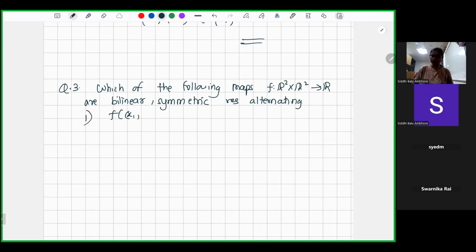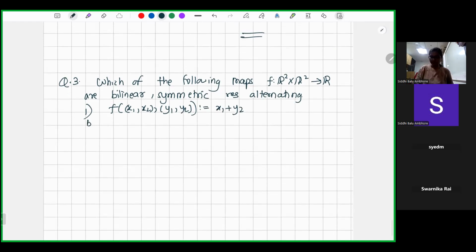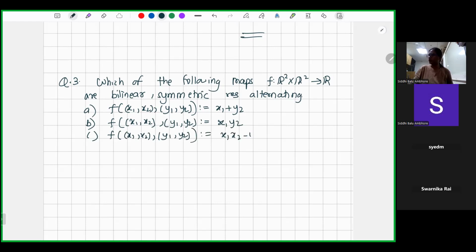A: f of (x1, x2), (y1, y2) goes to x1 plus y2. B: f of (x1, x2), (y1, y2) goes to x1 y2. Let me write it easy. C: f goes to x1 x2 minus y1 y2.